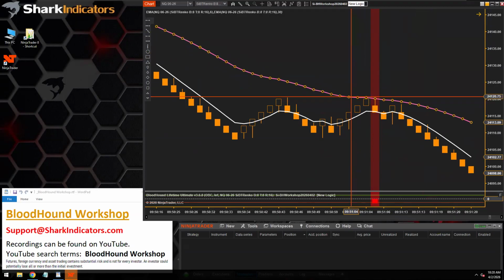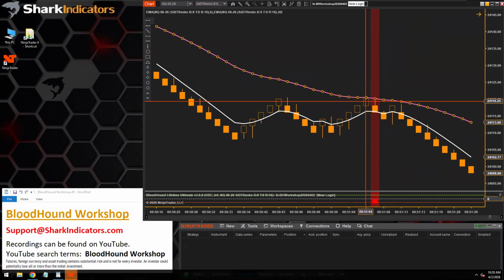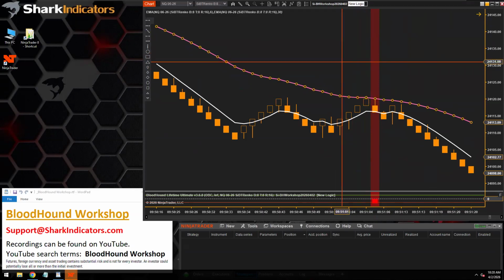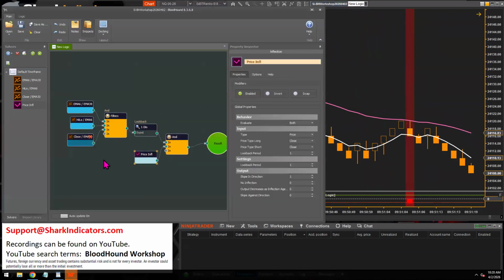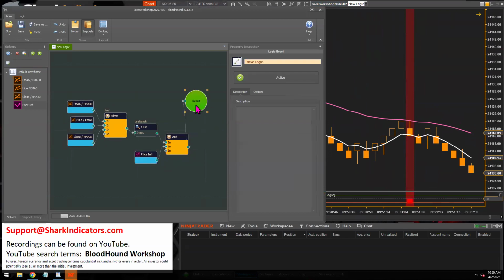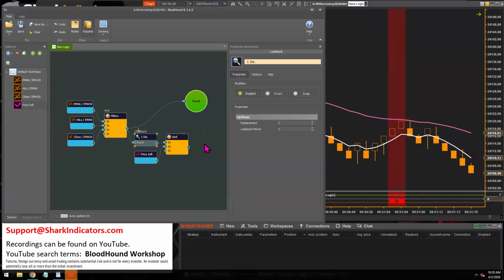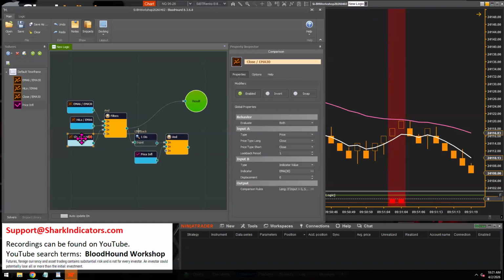If the EMA 30 was a little bit lower there, that would have nullified the signal, and that is because of the way everything is built. If we look at our filters, remember we have this one condition, rule number 4, which is the close has to be below the EMA 30 for a short signal. So if it was above, it would have killed the filter on that bar.